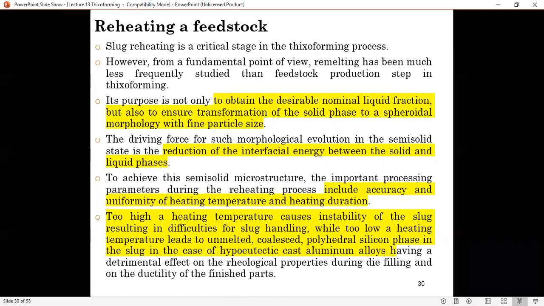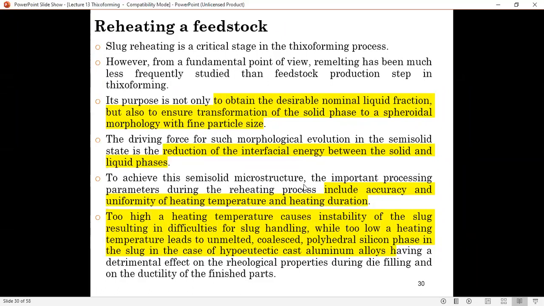To achieve this, you have to reheat the material. The driving force of such morphological evolution in a semi-solid state is the reduction of interfacial energy between the solid and liquid phase. So once you heat it up, you reduce the interfacial energy between the solid and liquid phase.